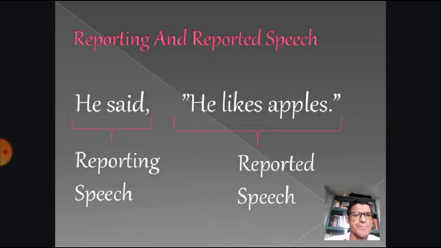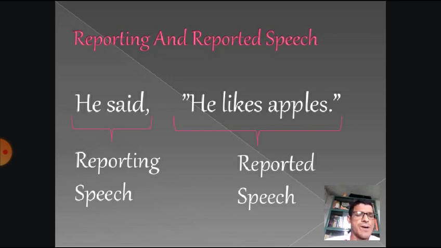Again, let me remind you, in a direct speech, two parts are there. One part is within inverted comma, that is called reported speech. Sometimes that is also called quoted speech. Either it is reported speech or quoted speech, there is no difference.